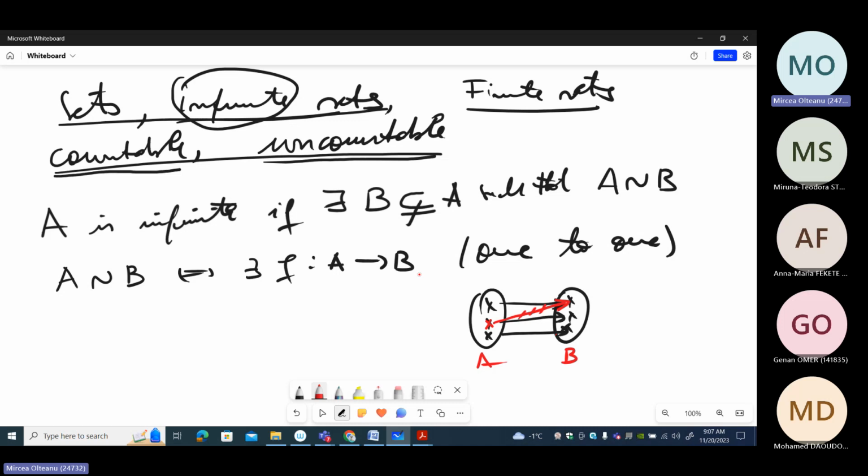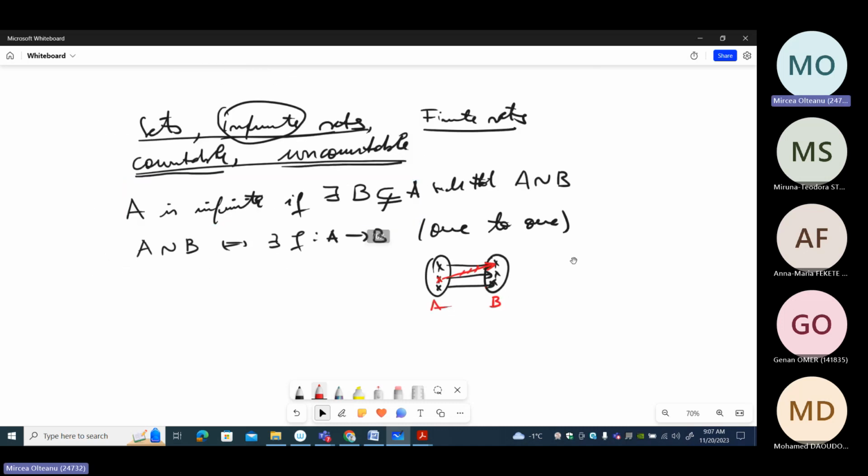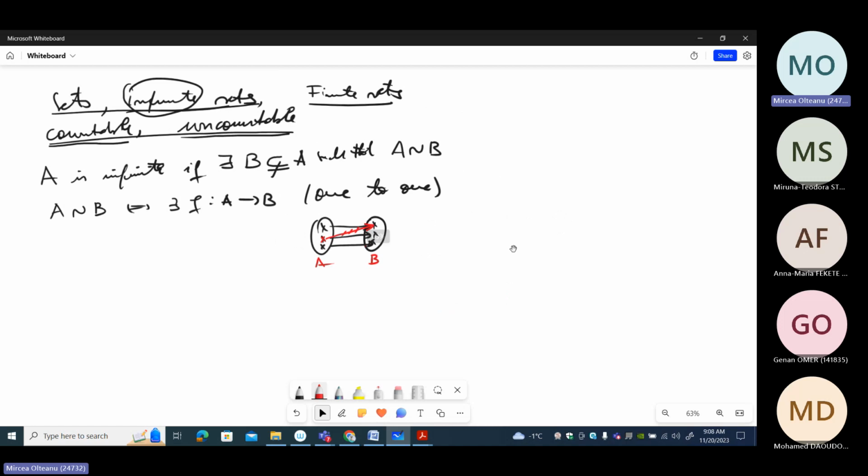Okay, remember the example with the students and the chairs. If you want to know that in a classroom the number of students equals the number of chairs, associate to every student the chair on which they are sitting.